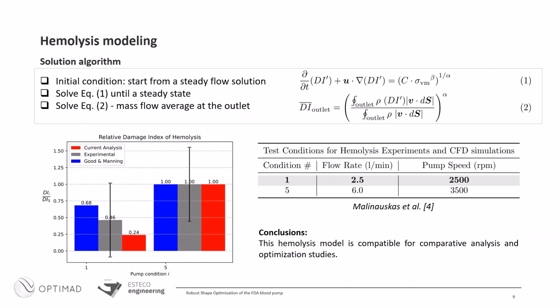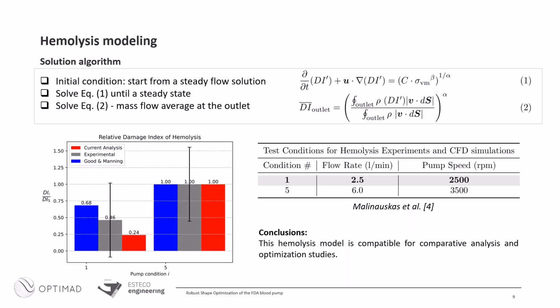So the best practice in this application is to normalize all the results with respect to condition number 5. If we look at condition number 1, you can see that our results fall within the uncertainty bar of experiments, but you can still see a large variety.